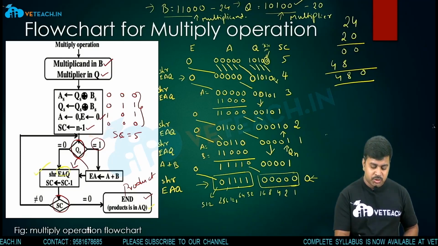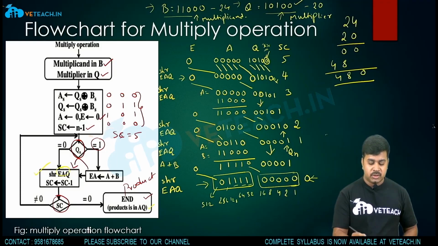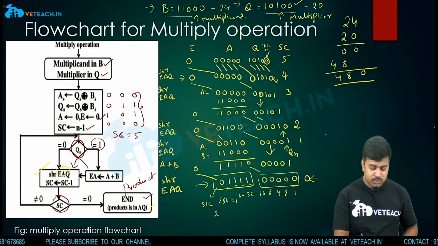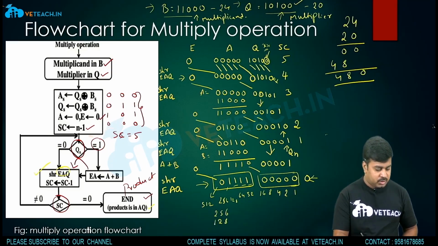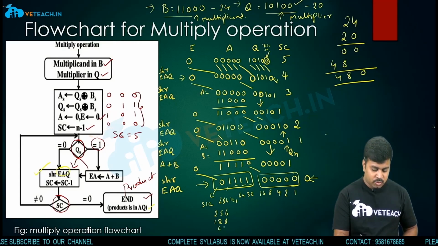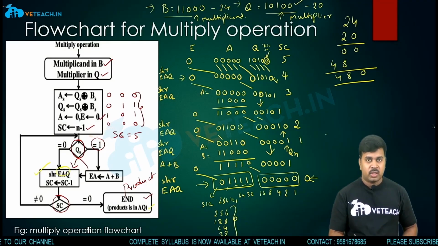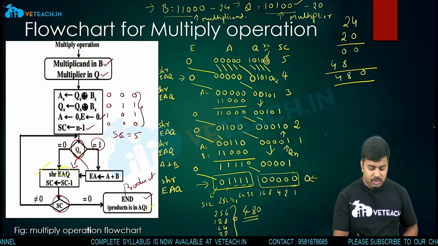In these positions you can find 4 ones, and in the remaining places all are zeros. That means you are going to consider 256 plus 128 plus 64 plus 32. If you add these 4 numbers, you will get the final product as 480.